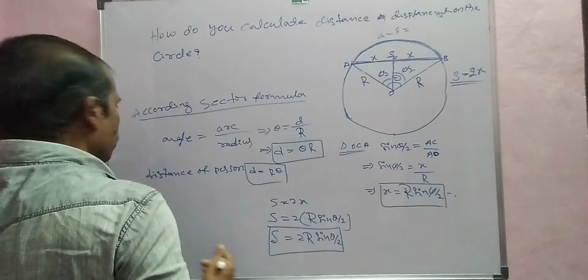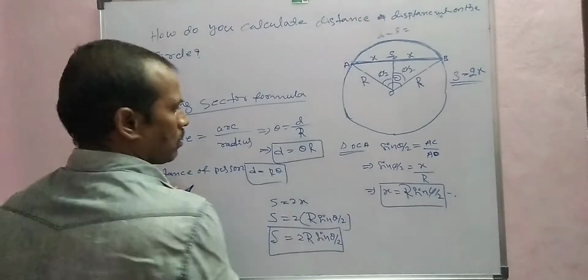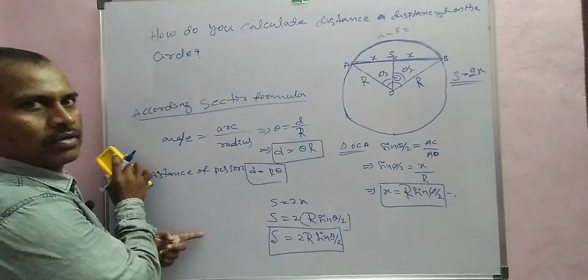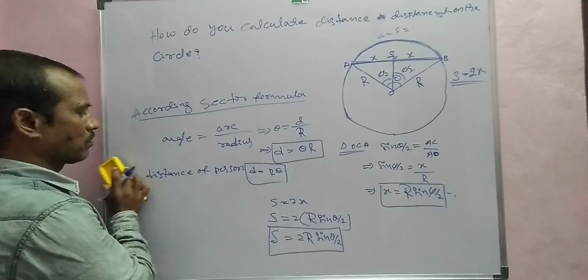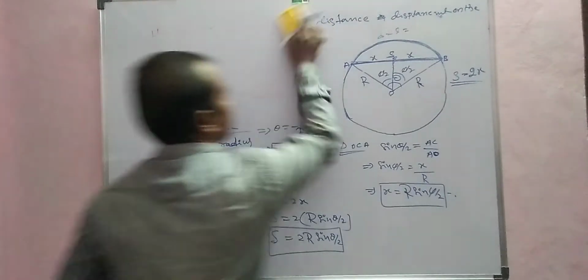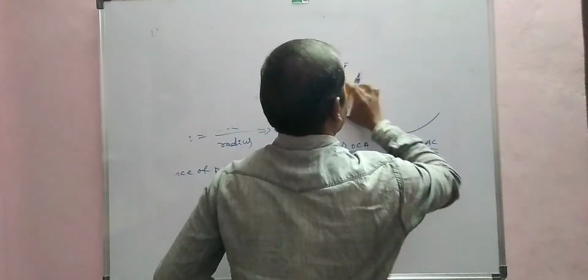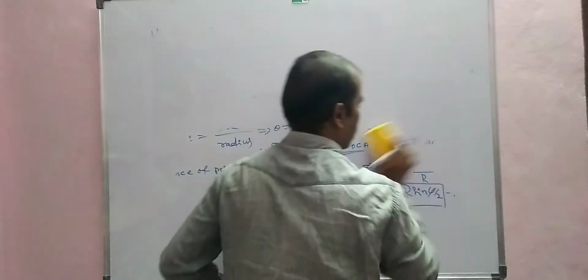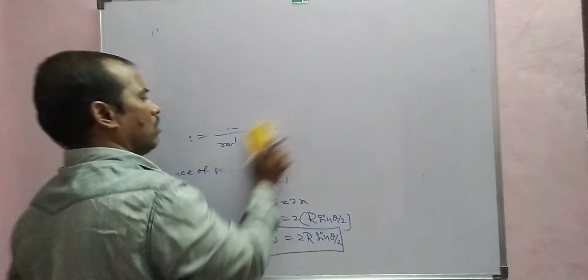Now note down the relation between distance and displacement of the particle on the circle.